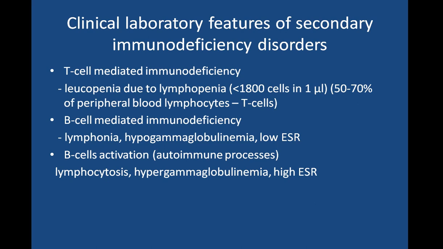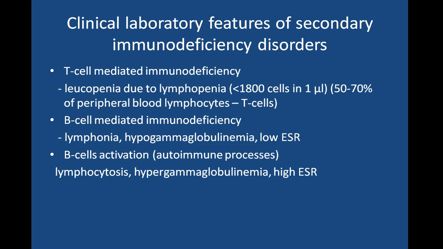T-cell-mediated immunodeficiency: leukopenia due to lymphopenia, the quantity of leukocytes less than 1,800, T cells 50 to 70% of peripheral blood lymphocytes, you must know this.